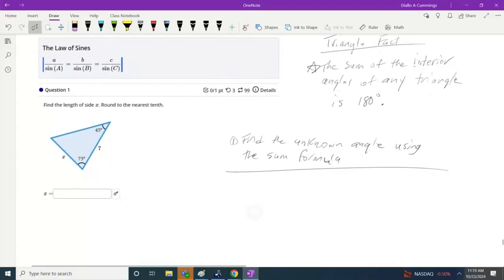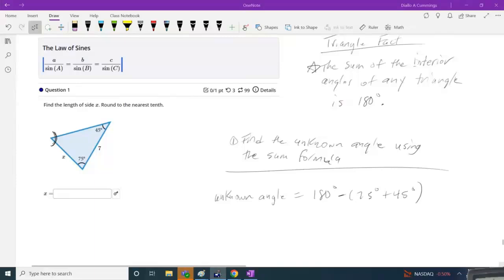So to find the measure of this unknown angle, it's equal to 180 degrees minus the sum of the other 2 angles. Basically, I'm going to add these two together and subtract from 180, and that should give us this unknown angle.